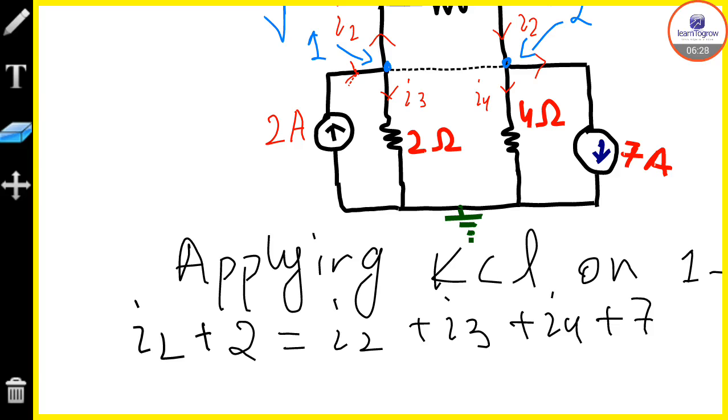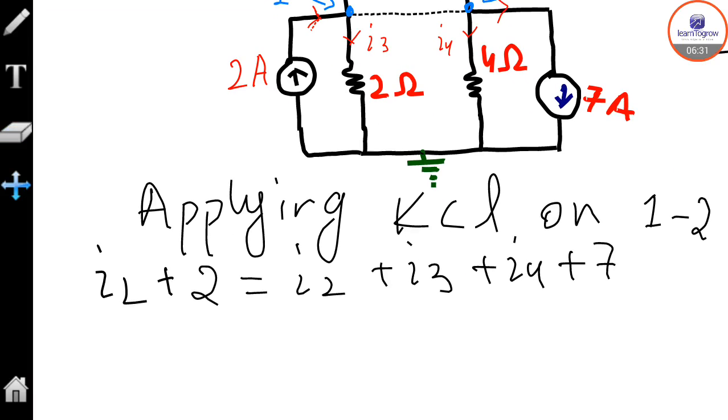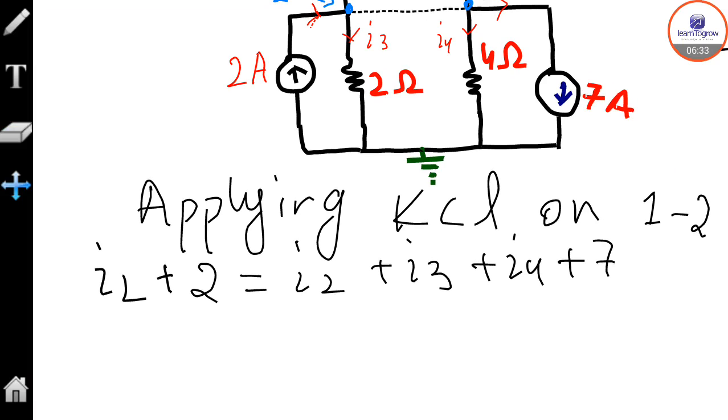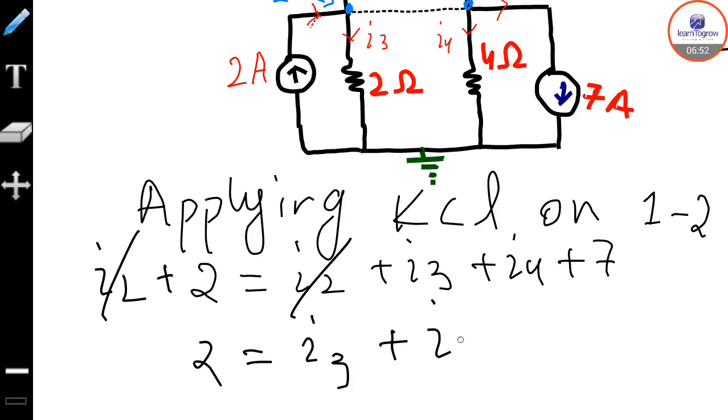Now we have put in our currents, and we are assigning our currents. What was I2? First we can cancel them out. We have cancelled. Just solving it, no complications.